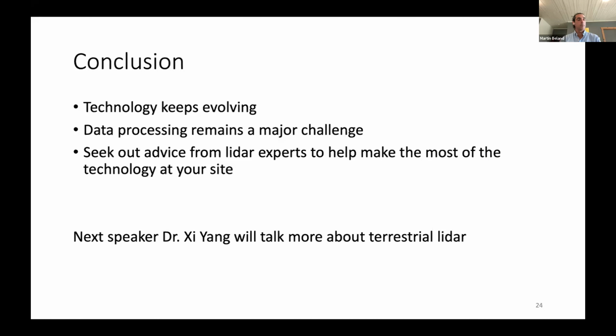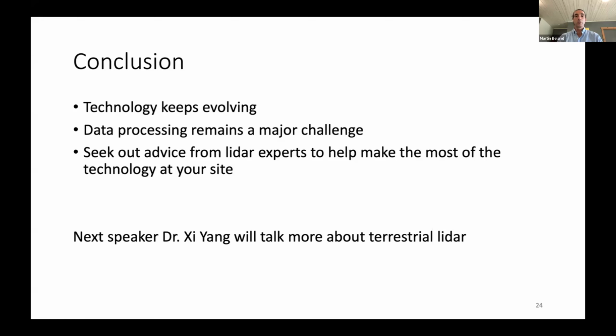So this is the conclusion of my part of the talk. In conclusion, I think LiDAR technology just keeps evolving. Of course, UAV LiDAR is increasingly becoming popular. It's well adapted to the scale at which we typically work for flux tower sites. So I highly recommend working with this technology. Data processing remains a challenge for most LiDAR data.